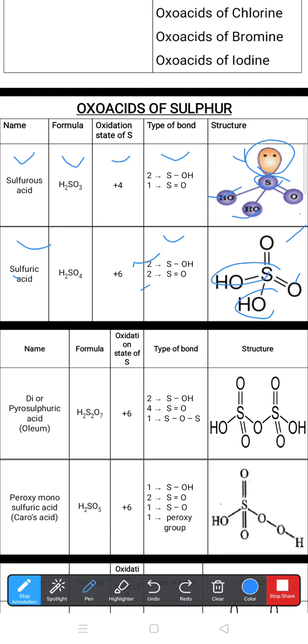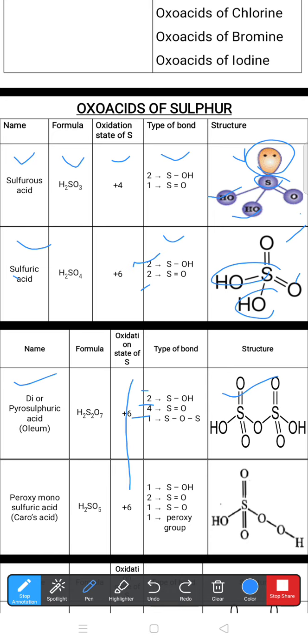Then next information regarding di or pyrosulfuric acid, oleum, formula H2S2O7. The oxidation state of sulfur is +6. The types of bonds are 2 sulfur-OH, then 4 sulfur double bond oxygen, and 1 sulfur single bond oxygen sulfur. In this way, we can study the structure of di or pyrosulfuric acid, meaning oleum.